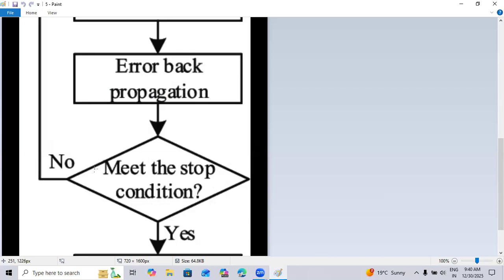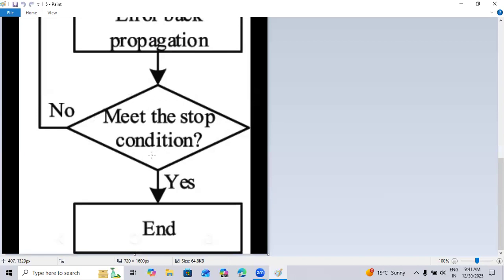We have different types of activation functions, like sigmoid, ReLU or softmax, and we choose based on the data. Then the final output layer gives the output, yes or no, true or false.